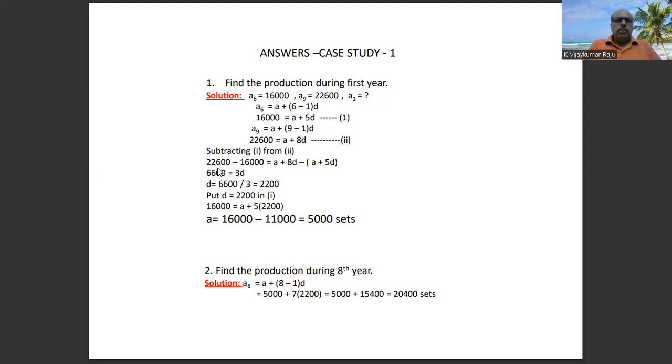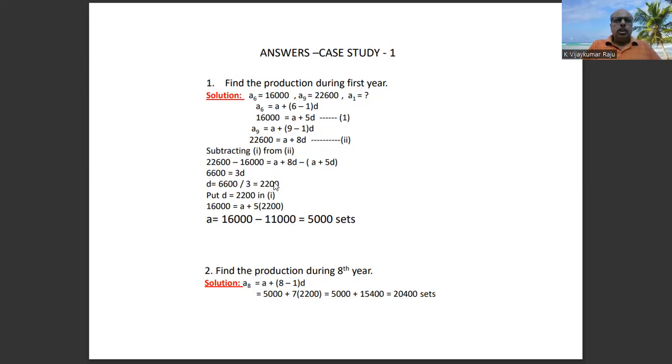So 22,600 minus 16,000 is equal to (A plus 8D) minus (A plus 5D). When you subtract this, you get 6,600 is equal to, A minus A cancels, 8D minus 5D is 3D. So 6,600 is equal to 3D.